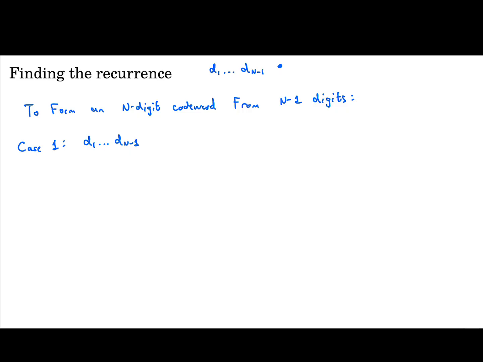already has an even number of zeros. If it already has an even number of zeros, then we just add a non-zero digit.